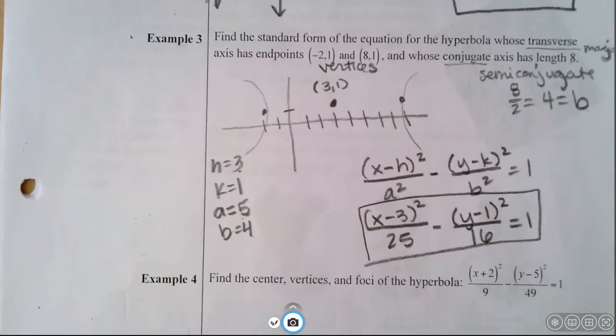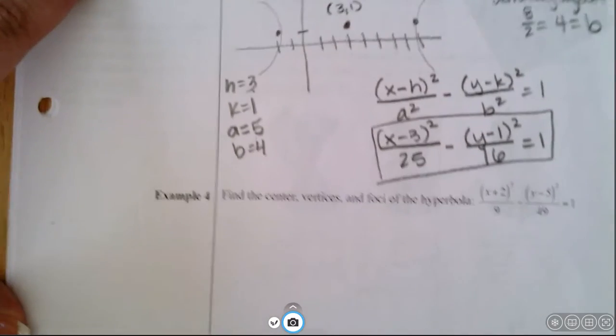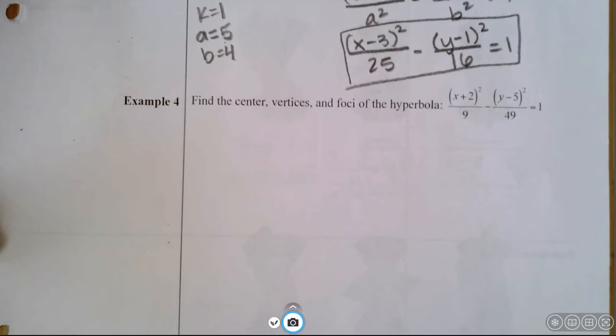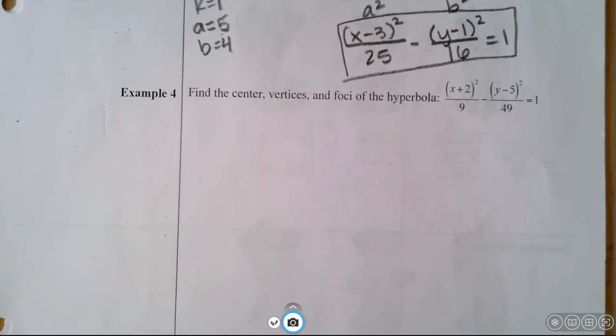All right, let's take a look at example 4. Find the center, vertices, and foci of the given hyperbola. Okay, now I want you to pause and think for a second, which one is A and which one is B? In a hyperbola, A always comes first.